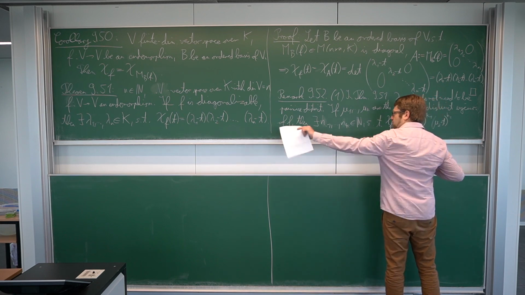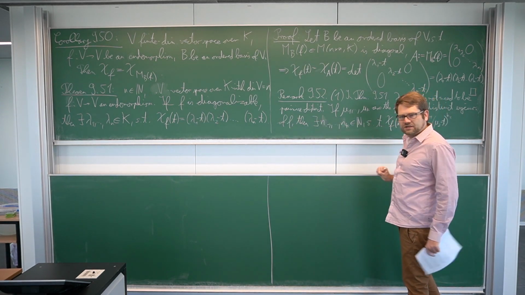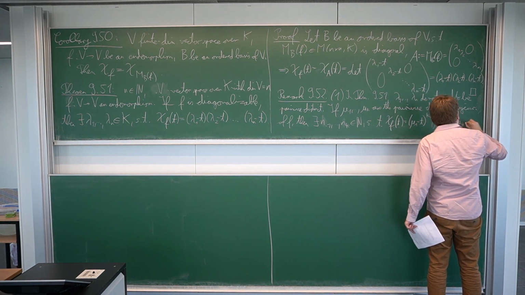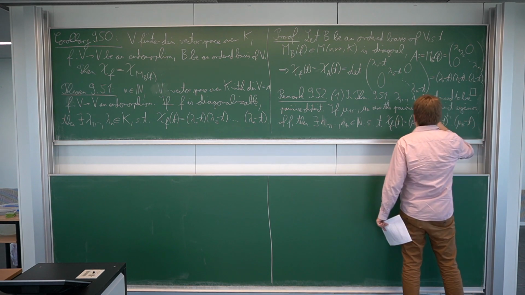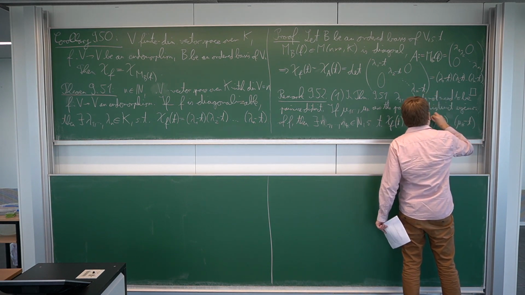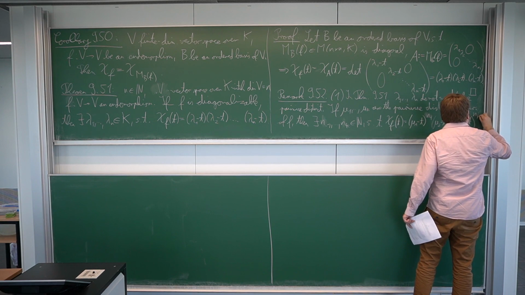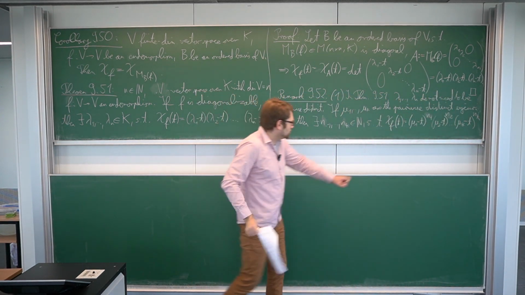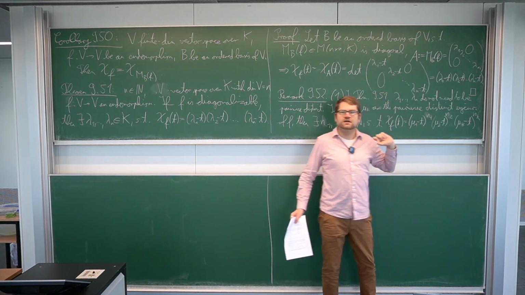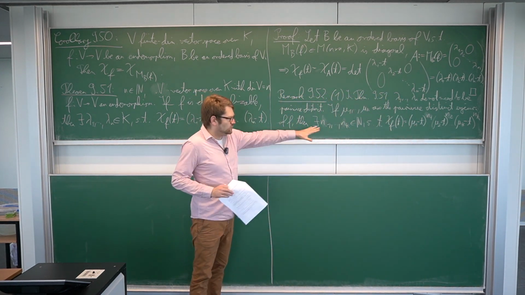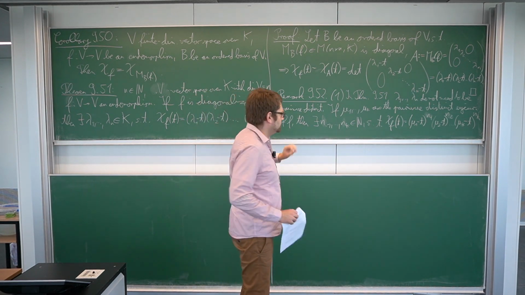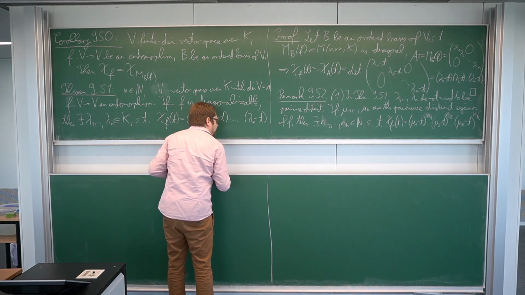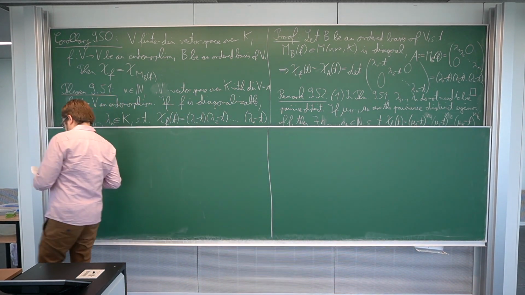We just need to reorder these products, so we really get this nice beautiful product up to mu k minus t to the power of nk. So this is the form of the polynomial if we have distinct eigenvalues. And it will turn out that these exponents, the powers with which the eigenvalues appear in this polynomial, will play an important role in a bit. So this will be a crucial number. Keep in mind we will need these exponents later, and I will then define them and give them a name. Okay, this was the first part.